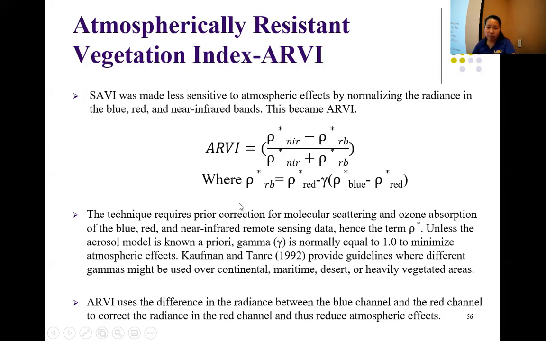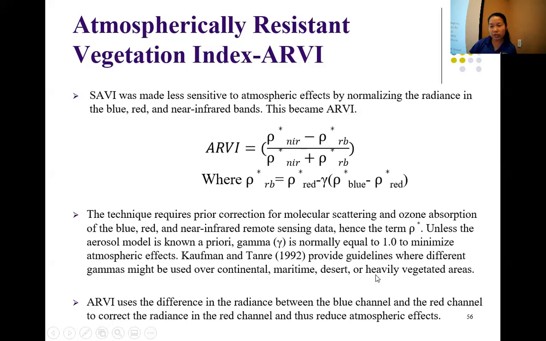The RB star is calculated using the red band minus omega times the blue minus red band. The involved bands would be red, blue, and near infrared, but you need to calculate this value using this equation over here. If we simplify and use gamma as a value of 1, basically you need to calculate using these three bands.